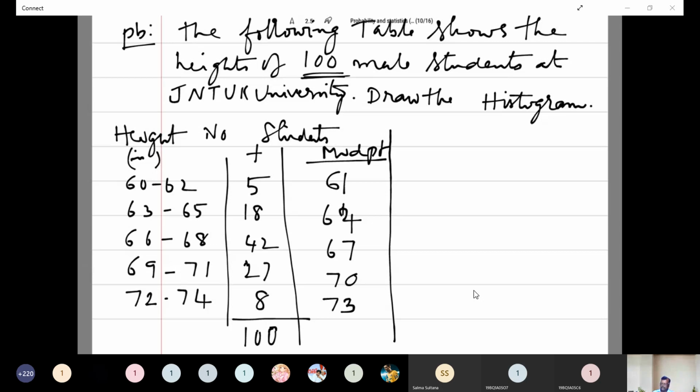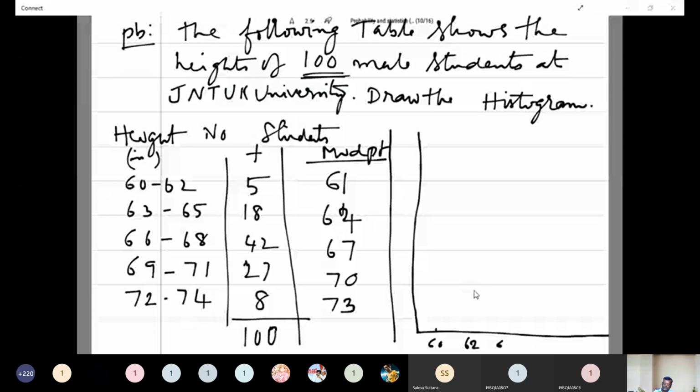On the x-axis or horizontal axis, that is 60, 62. See, this is the vertical line, this is horizontal.